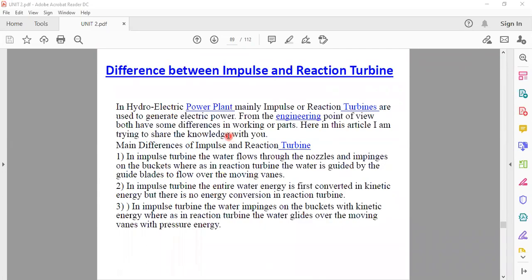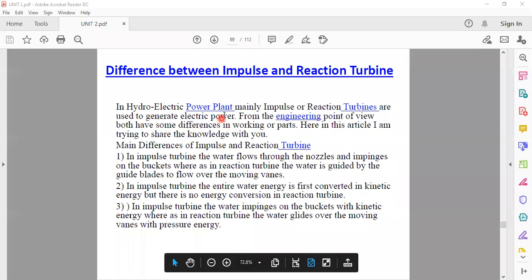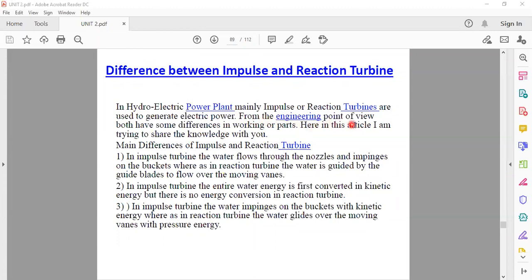So, the difference between impulse water turbine and reaction water turbine. In a hydroelectric power plant, mainly impulse or reaction turbines are used to generate electric power. From the engineering point of view, both have some differences in the working of parts.